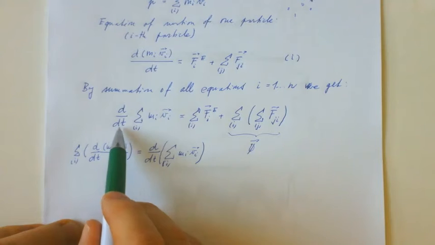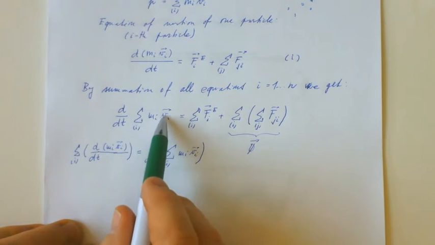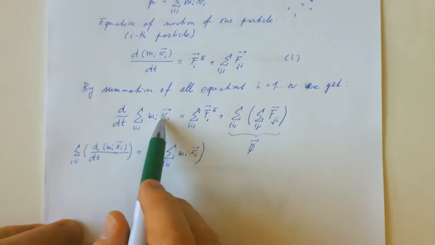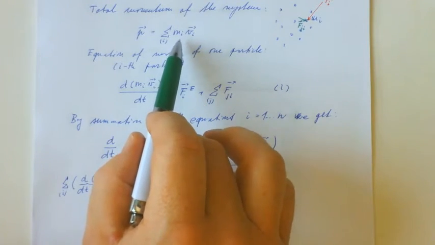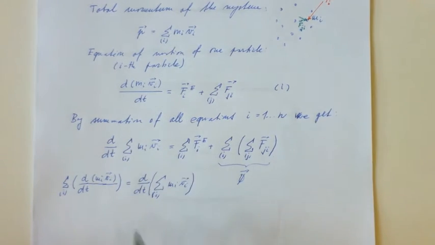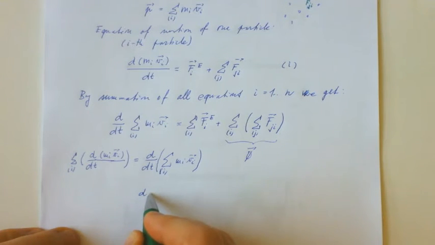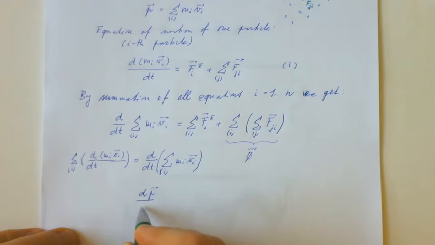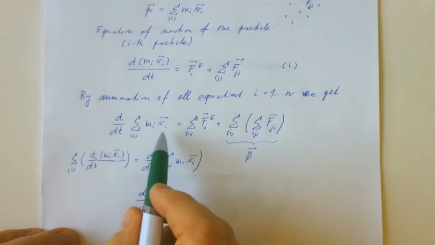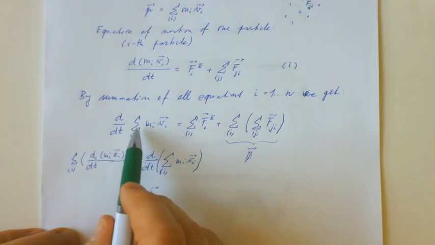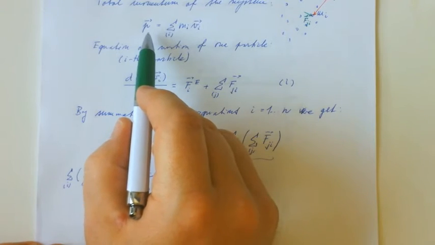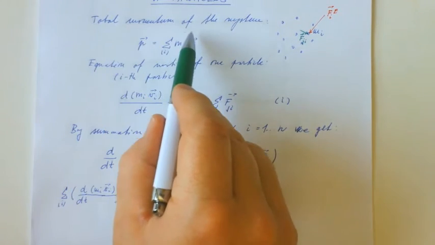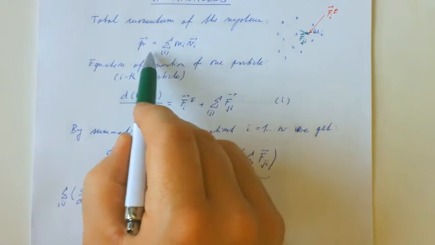So this is a sum of total momentum as we write it here. Okay, so it is dp over dt. It is this left side of the equation, because the sum of mi vi is P, so it is the total momentum of all the system.